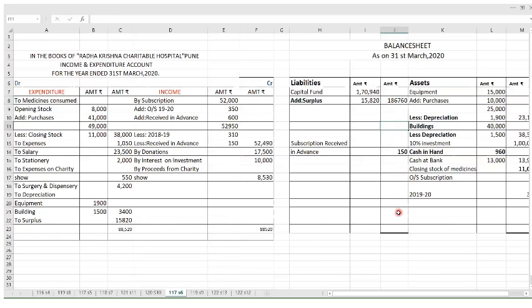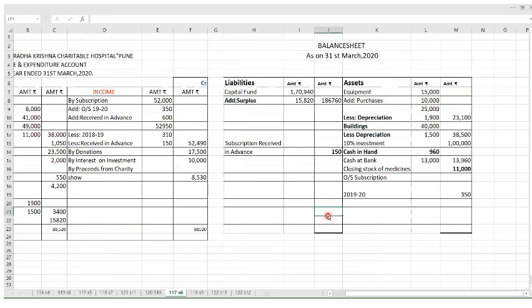After that, we're going to take the total of balance sheet, that is assets and the liabilities. So the total of liabilities is 1,86,910, and the total of asset is also 1,86,910. In this way, we solved today's sum.